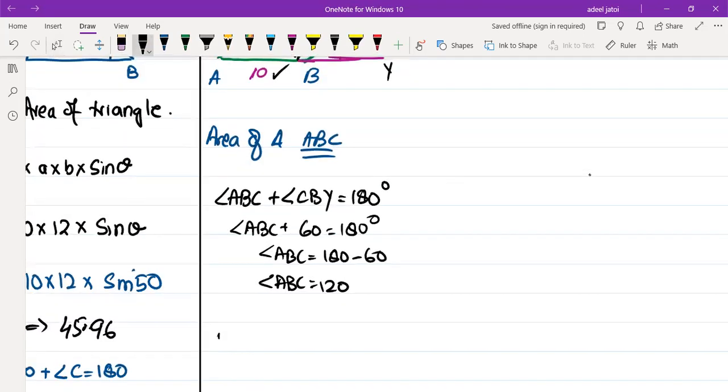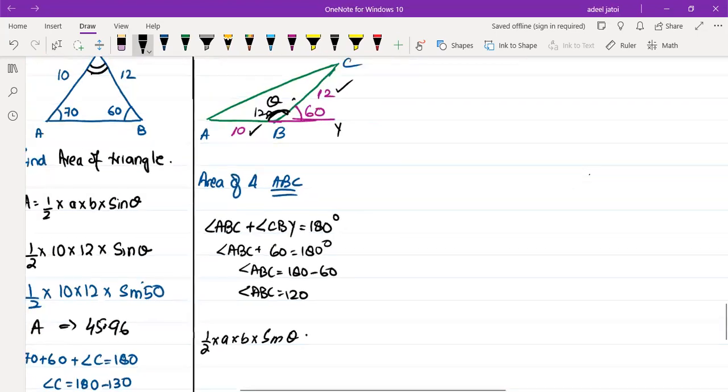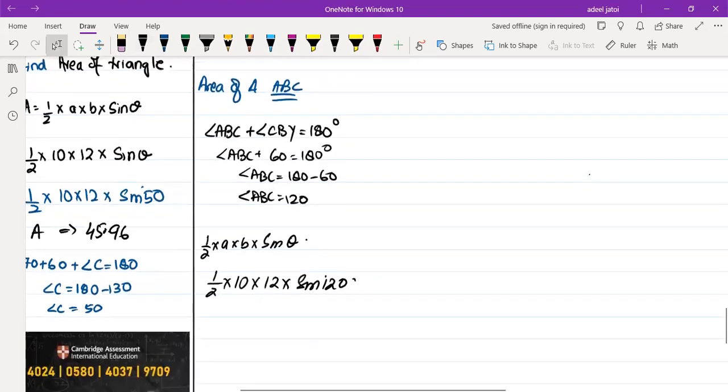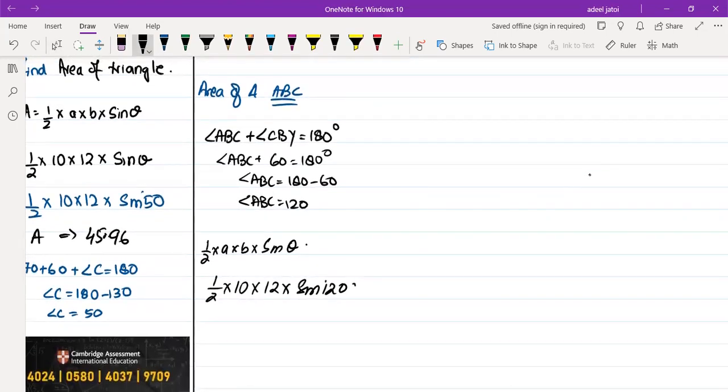In a similar way, half into A into B into sine theta can be used, as half into 10 into 12 into sine 120. The answer to this particular question will be 51.96. So the area for this is 51.96.